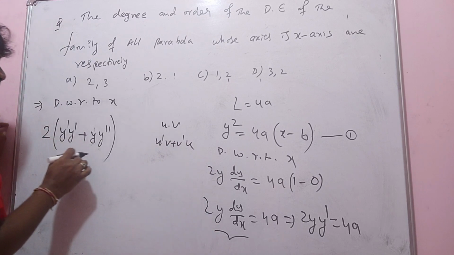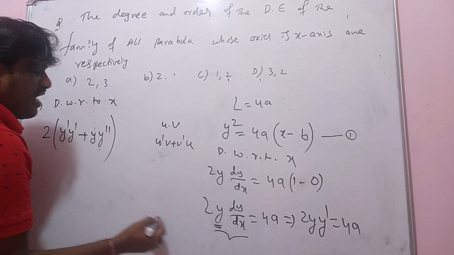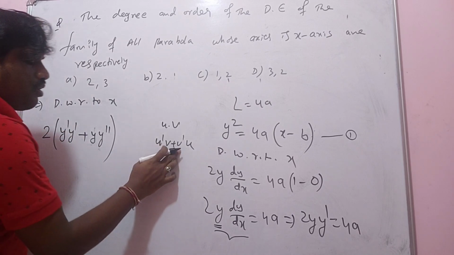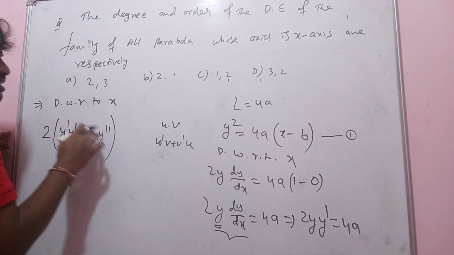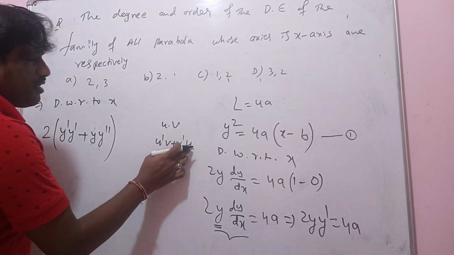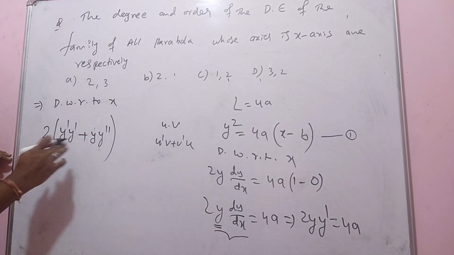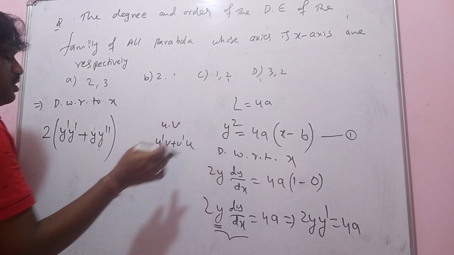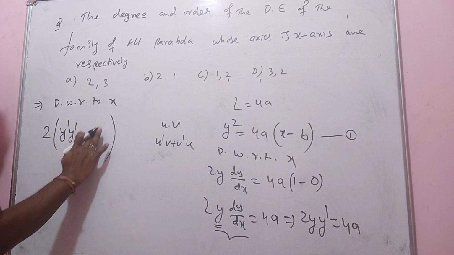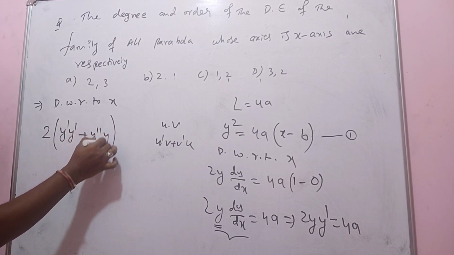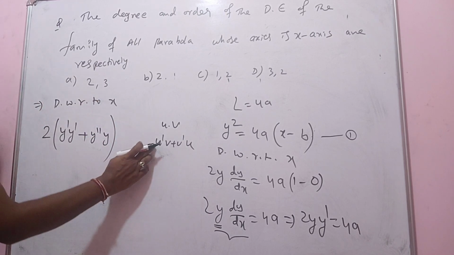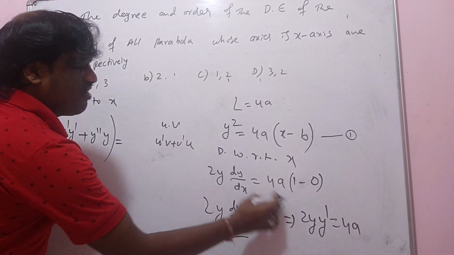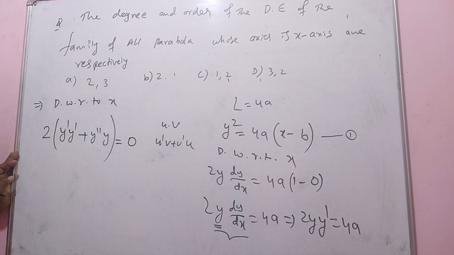So u is y dash, and we kept dy by dx as it is, plus now v dash means double differentiation, and we are keeping u the same. U is y here. If you are confused, you can simply write y double dash y, they both are the same. U dash v plus v dash u, both are the same. This is equal to the differentiation of 4, which is 0, because it's a constant.